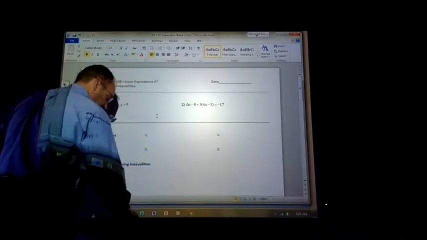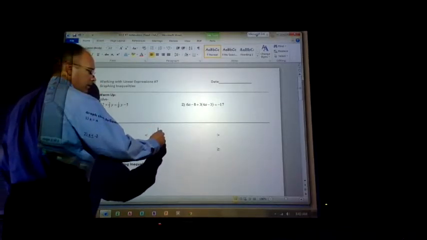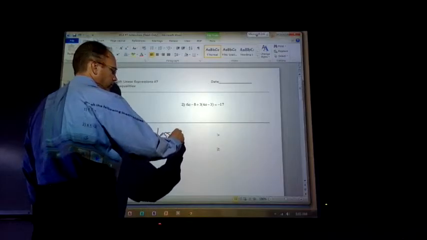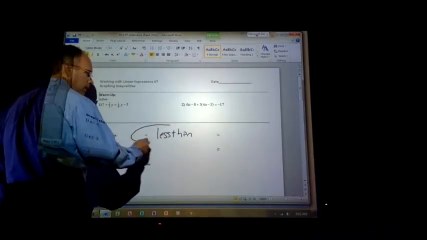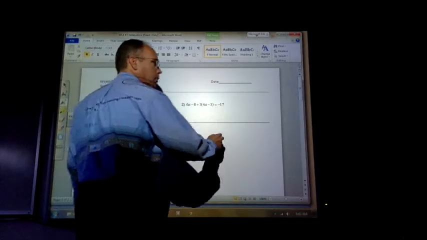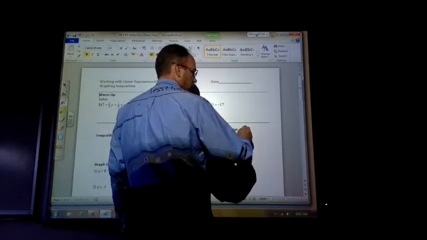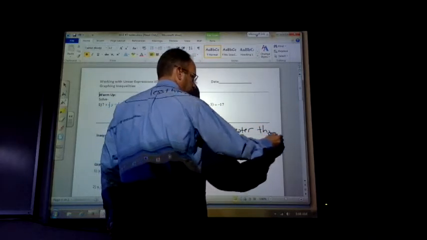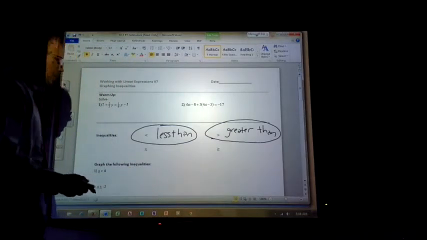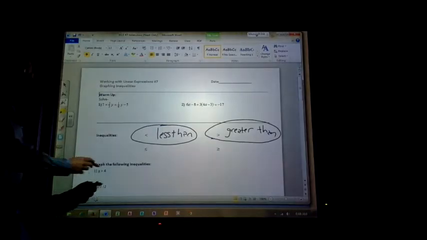All right, inequalities. If it is just pointing left, this means less than. Pointing right? Greater than. What does it with the line underneath it mean? Equal to. Less than or equal to. Good.